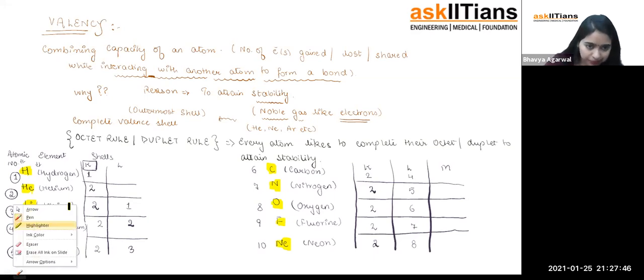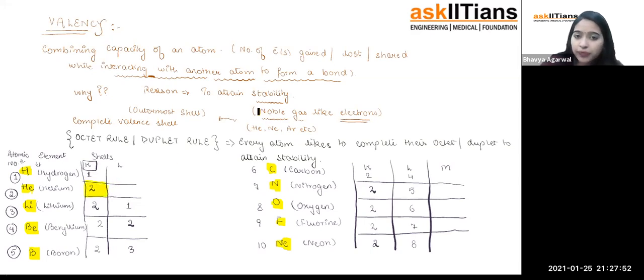So if you'll see here, we talked about noble gases, right? So in the noble gases, we took an example of helium and neon, out of which we are covering 2 in this series.